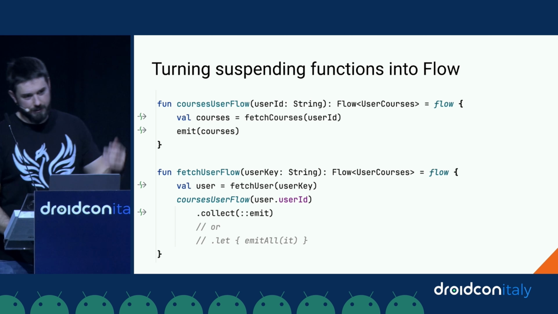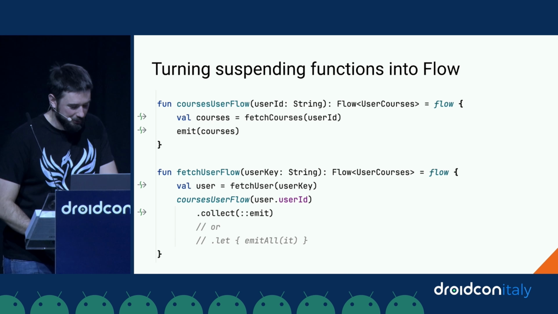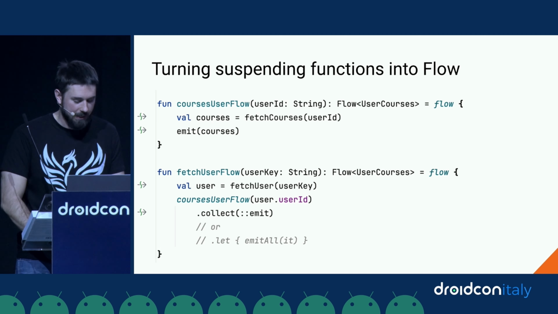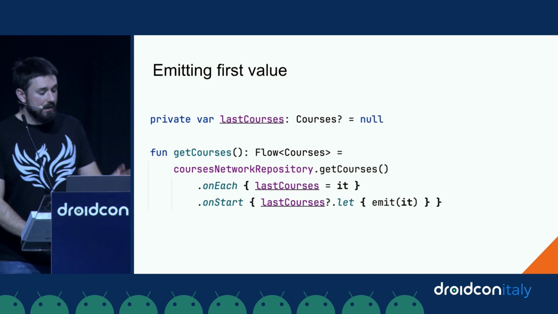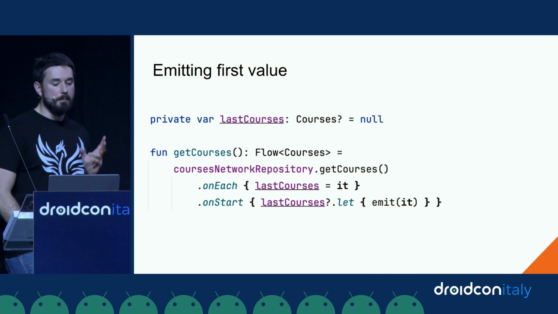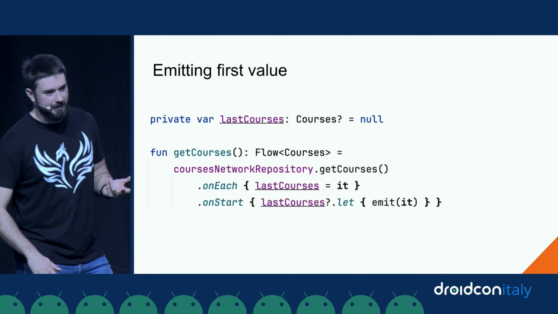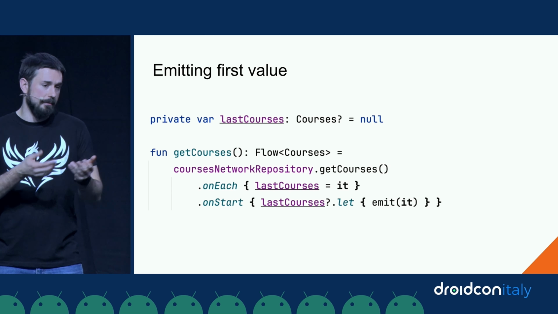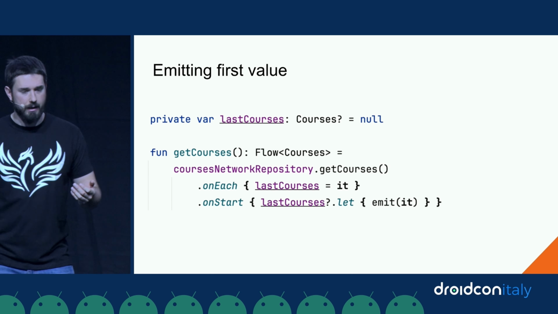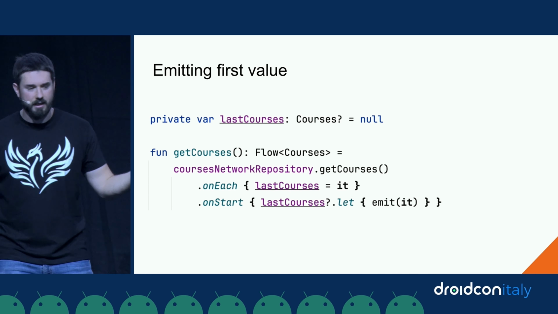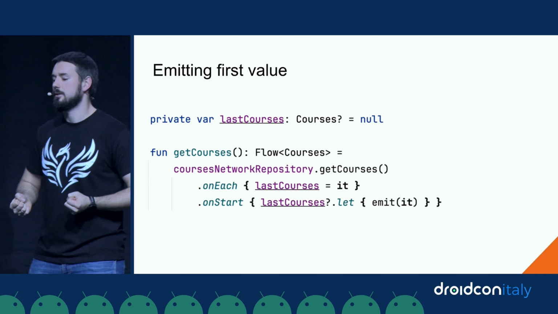On the other hand, it's much simpler, of course, to use first or toList or something like that, suspending functions that are accumulating elements. Another pattern I wanted to present to you is a cache. This pattern has multiple phases. In this case, I just made a raw value that I store and emit, but it can be a map of values, it can be a real cache that you add from some third-party library.